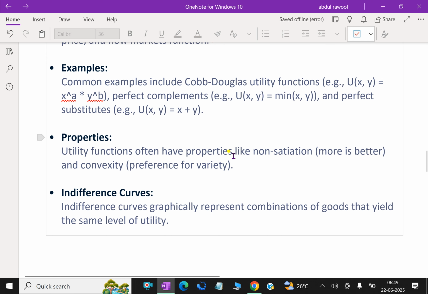Common examples include the Cobb-Douglas utility function, that is u of x comma y equals x power a into y power b; perfect complements, for example u of x, y equals the minimum of x comma y; and perfect substitutes, for example u of x, y equals x plus y.